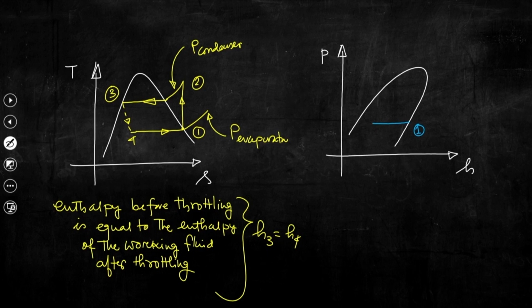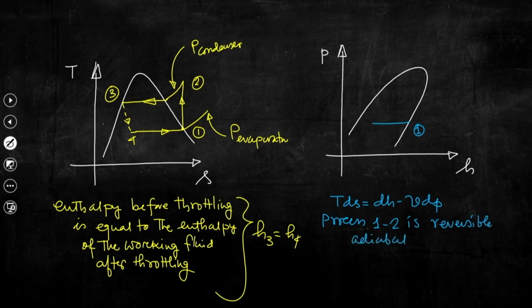If we apply the TdS relation, that is TdS equal to dH minus VdP, process 1 to 2 is reversible adiabatic. So, dS equal to 0, an isentropic process. Then dH equal to VdP.